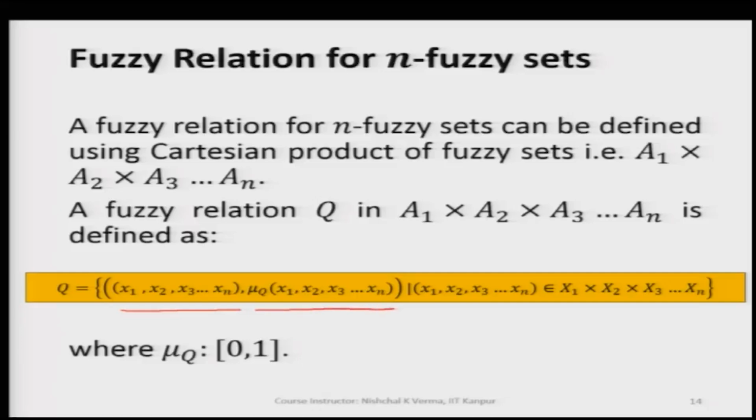This x 1, x 2, x 3 up to x n comes from the Cartesian product of capital X 1, capital X 2, capital X 3 and so on up to capital X n space. It has to be noted that here also we have a fuzzy set arising out of the Cartesian product of n fuzzy sets, and of course the dimension here will be an n dimensional fuzzy set.